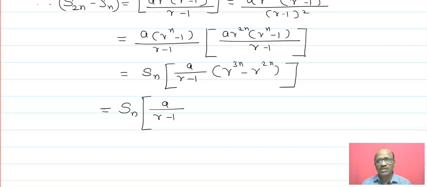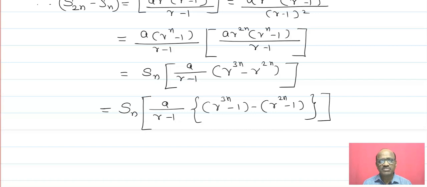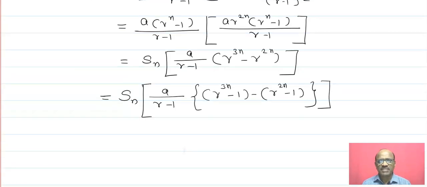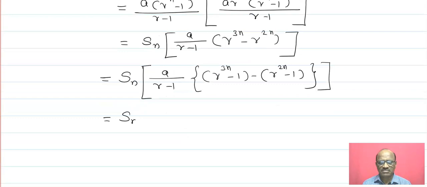Now again A upon r minus 1 in bracket. Now see how the terms are arranged here. R raised to 3n minus 1 minus in bracket r raised to 2n minus 1, bracket complete. That minus 1 is adjusted there. That minus 1 and plus 1 becomes 0.